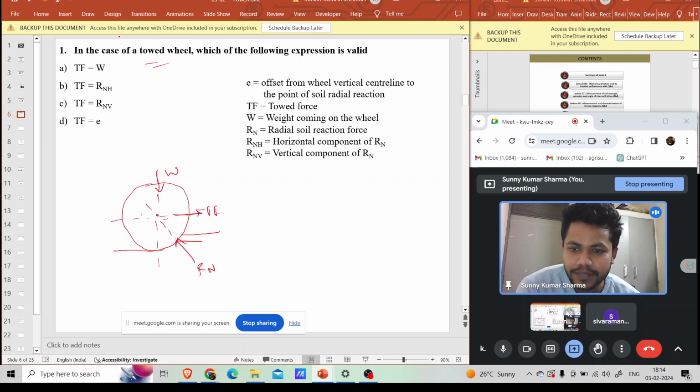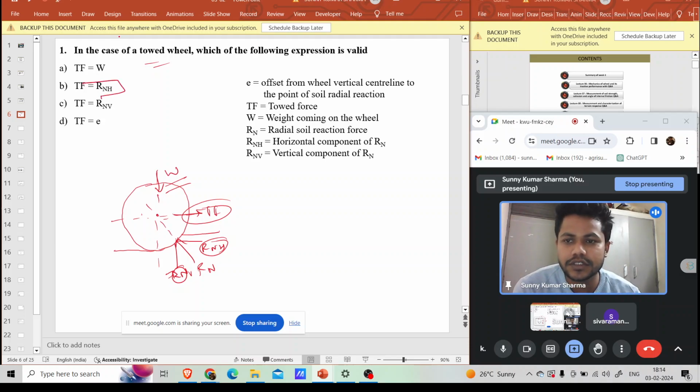If we break this radial force into two components, Rnh and Rnp, then Rnp will take care of this W, and this Rnh will balance the towed force. So the correct answer is towed force is equal to the horizontal component of Rn. Yes, you are correct. So the answer is D.